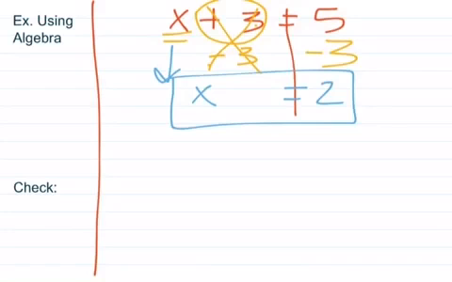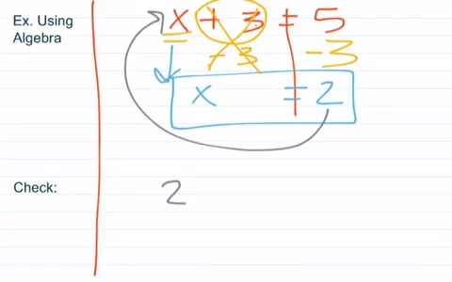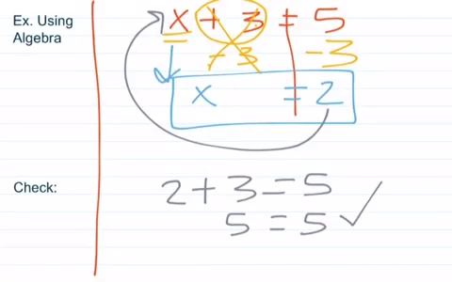So to check our answer, since we got x equals 2, we're going to take the 2 and put the 2 instead of x, since x is 2, we're going to take 2 and put it in for x, plus 3, and see if it equals 5. 2 plus 3 is 5. 5 does equal 5. Check. We're good to go. If we did that and got something else, then we did something wrong. So we'd have to go back and revisit.